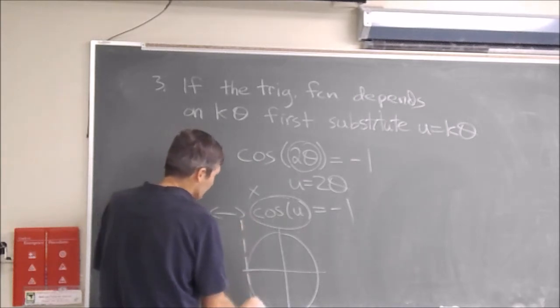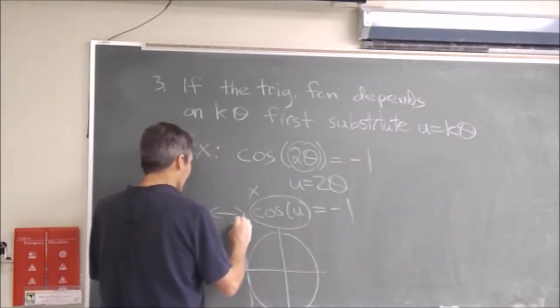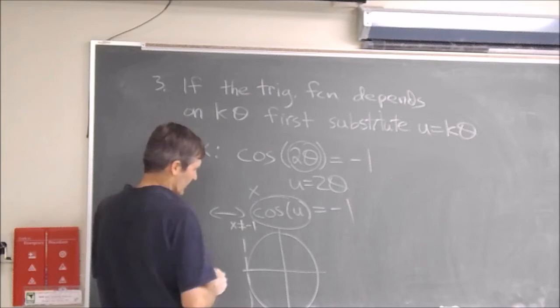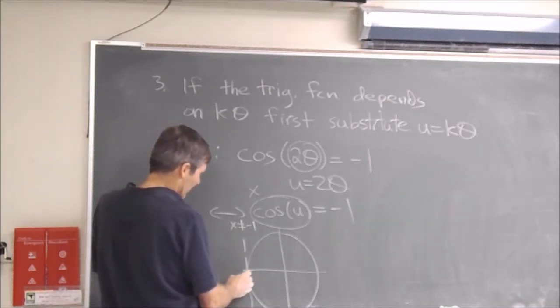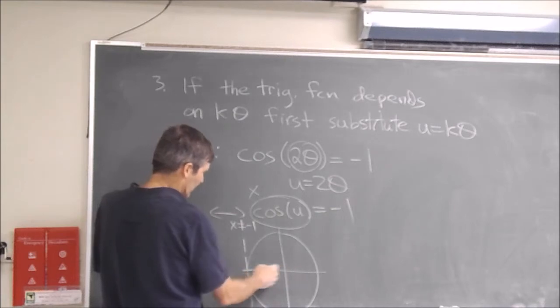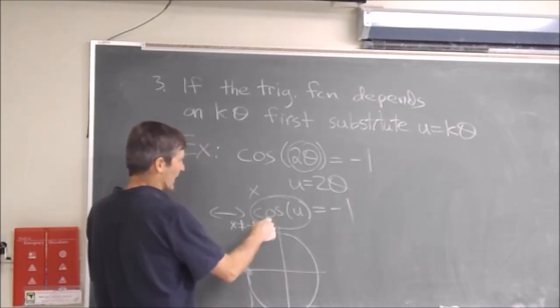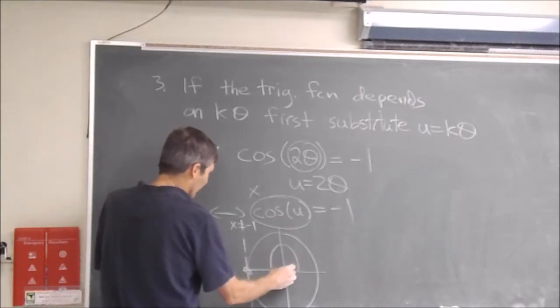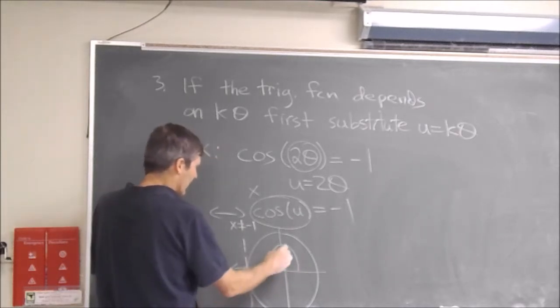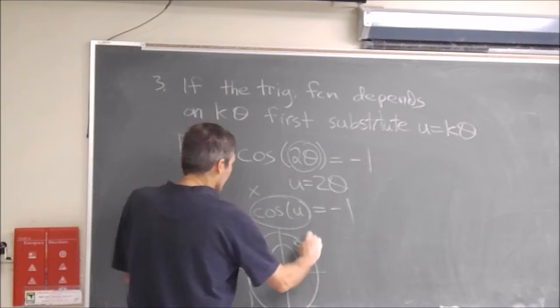Here it is. It just grazes the unit circle. We say it's just tangent, right? At minus 1. And that means that there's only one point on the unit circle that has cosine u equal minus 1. It's therefore this terminal ray, and it must be u equals pi.